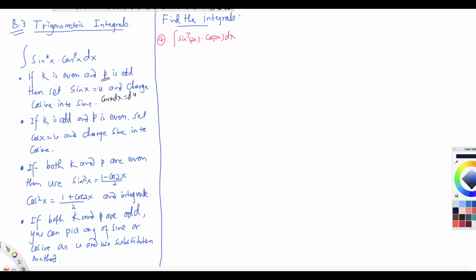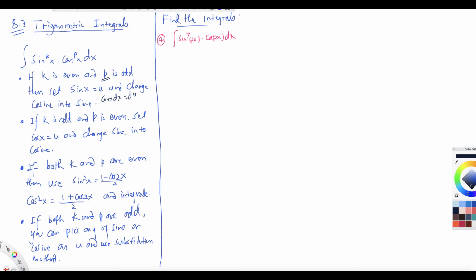But the other way, if k is odd but p is even, then set the ratio with the even exponent equals u, and change sine into cosine. We'll see examples. And if both k and p are even, then you need to use the formula sine square x equals 1 minus cosine 2x over 2, or cosine square x equals 1 plus cosine 2x over 2, and then you integrate.